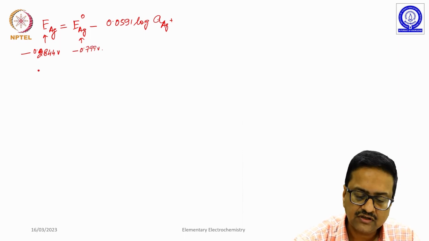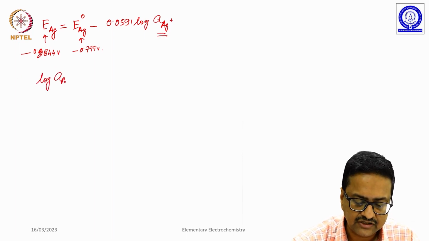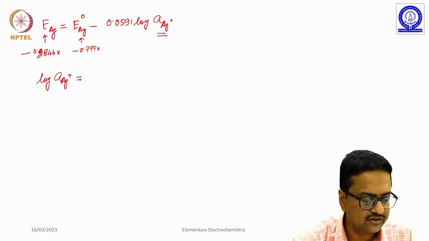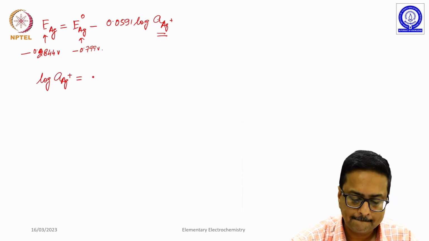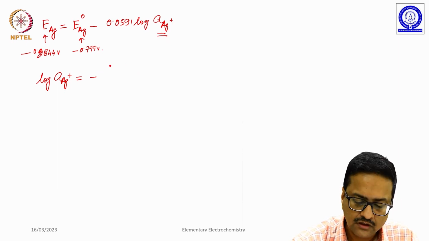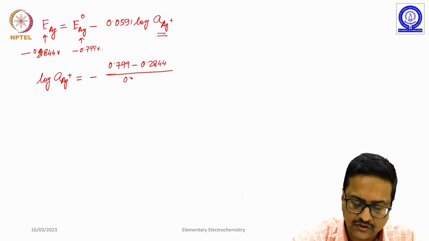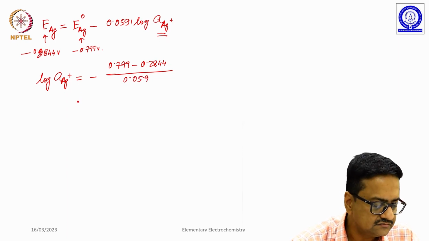So now when you try to calculate the activity of Ag plus, we write log activity of Ag plus is equal to, we have a minus sign, 0.799 minus 0.2844 divided by 0.059.